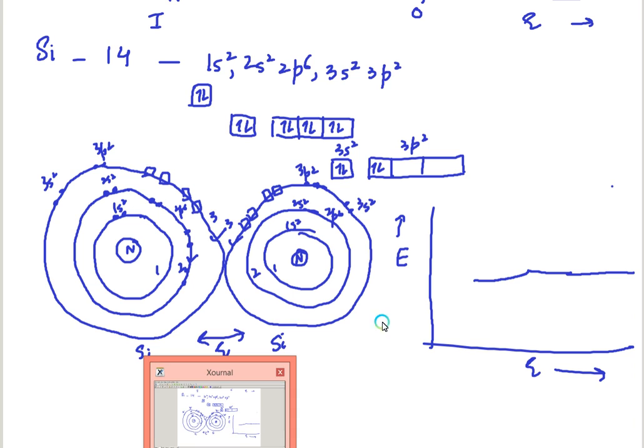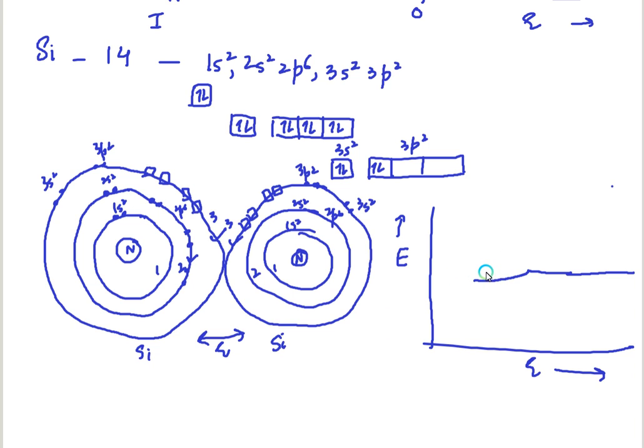Okay, so let us say capital N is the number of electrons. So how many levels are they occupying? They occupy 4N levels.